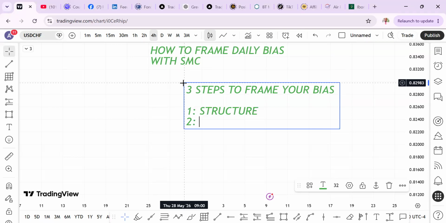2, whether BOS, and then number 3, premium and discounts.